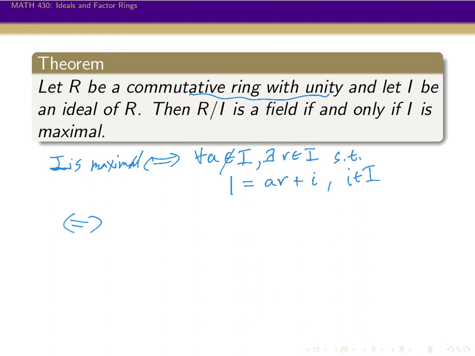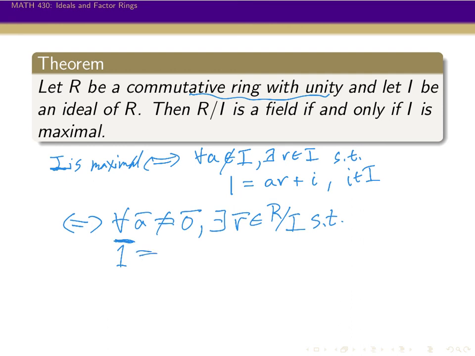And so that means in particular that if we move now to think about what's going on in the quotient ring, this means that for any a bar, which is not equal to 0 bar, there exists some r bar in R mod I such that 1 bar is equal to a bar times r bar.